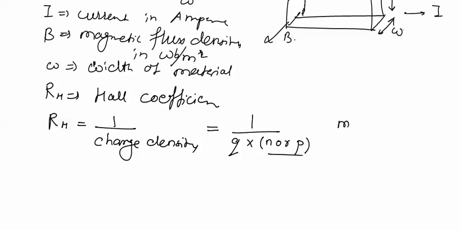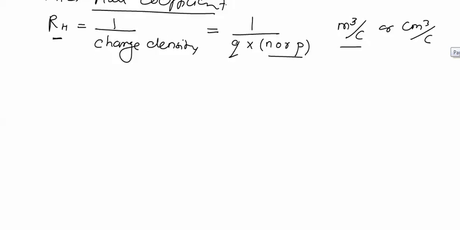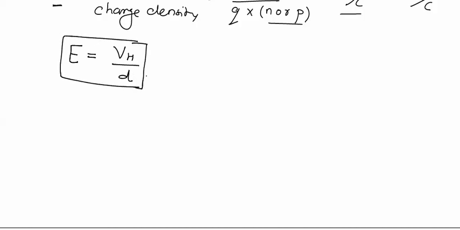Its unit is meter cube or centimeter cube per coulomb. This is one coefficient. The electric field induced in the material is mathematically given by induced Hall voltage divided by thickness of the material.